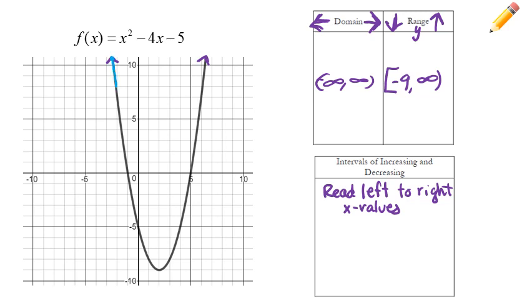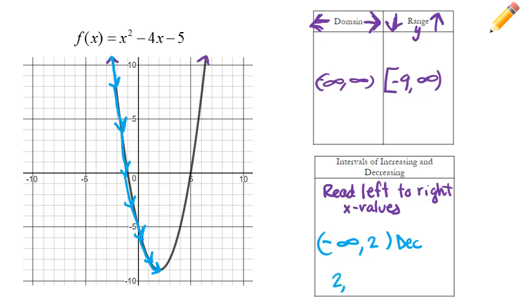If I start here and I'm tracing with my finger, I am decreasing. So where do I start decreasing? On the x-axis, I'm decreasing at -infinity, and I'm decreasing all the way to the x value of 2. That's where I'm decreasing.